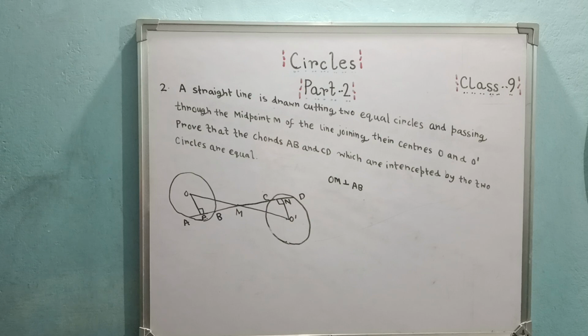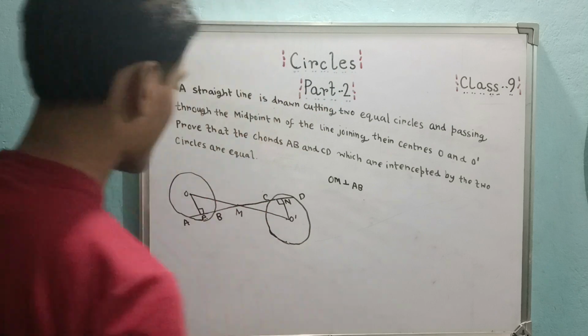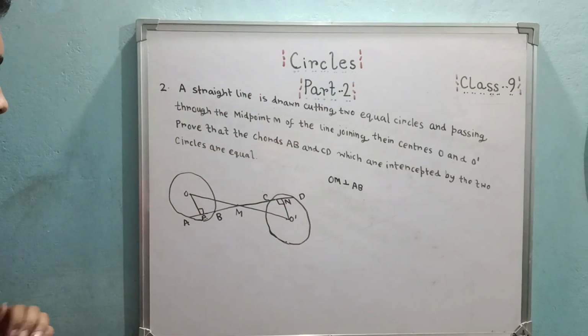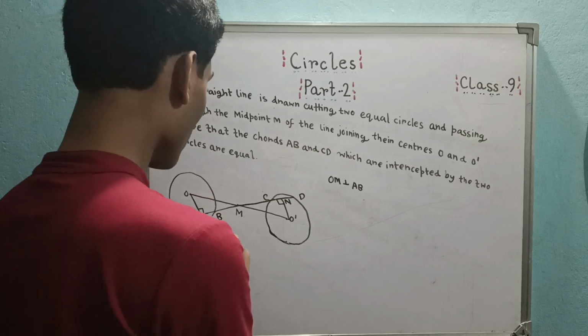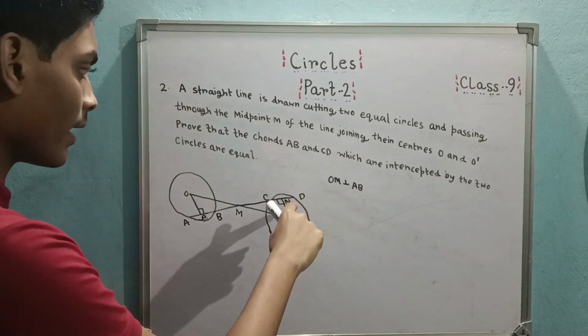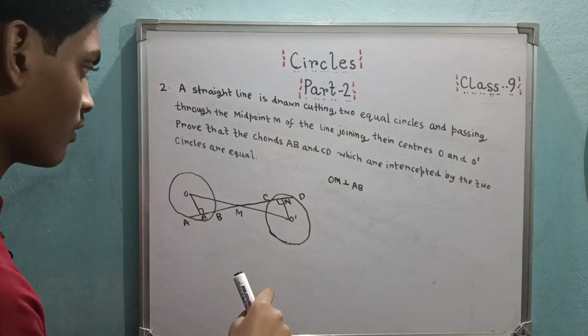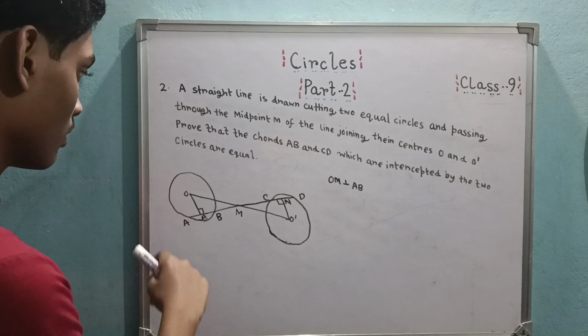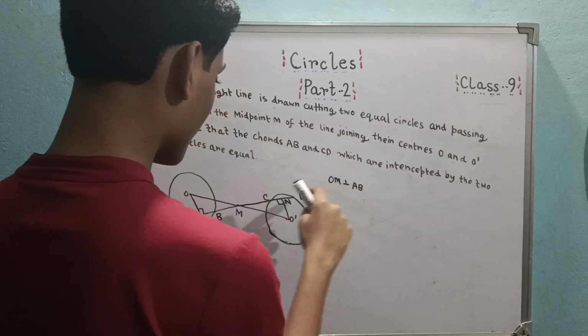Okay, now what if we try to prove that these two triangles are congruent? How? Let's see. One thing is that angle OPM equals angle O dash NM.